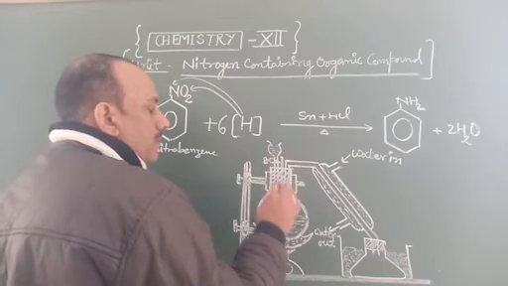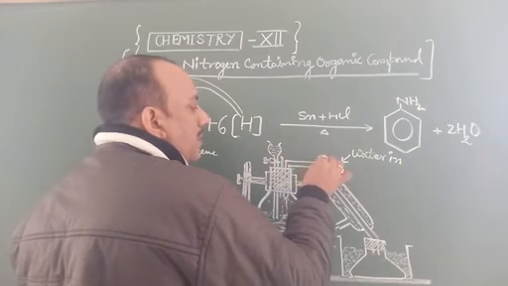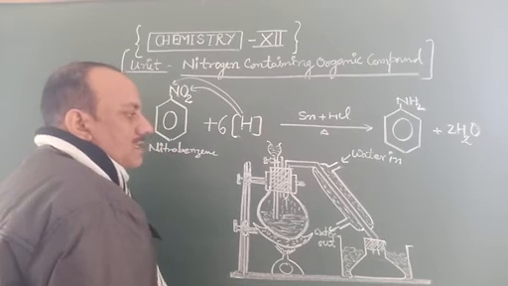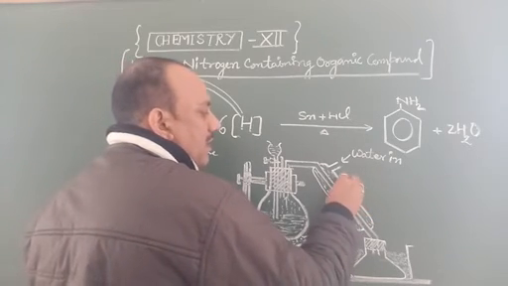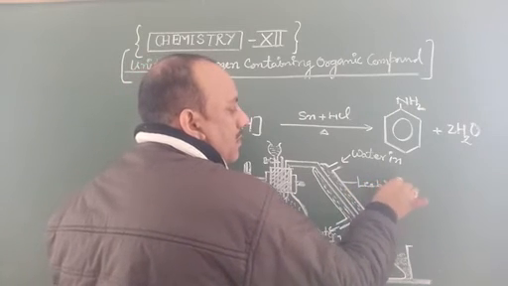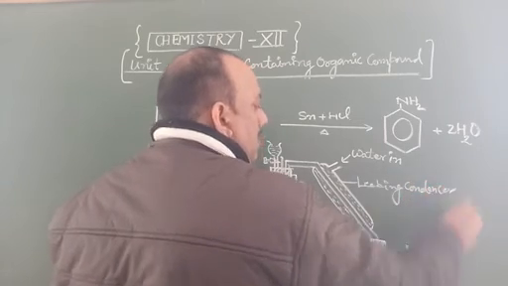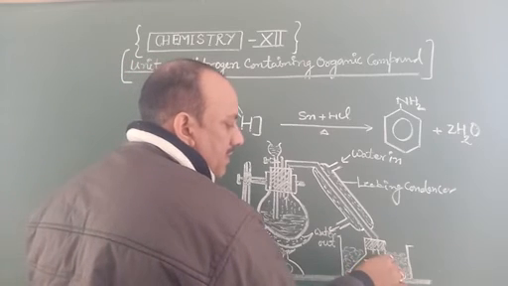It passes through this delivery or connecting tube and is liquefied by the Liebig condenser and collected in this receiver.